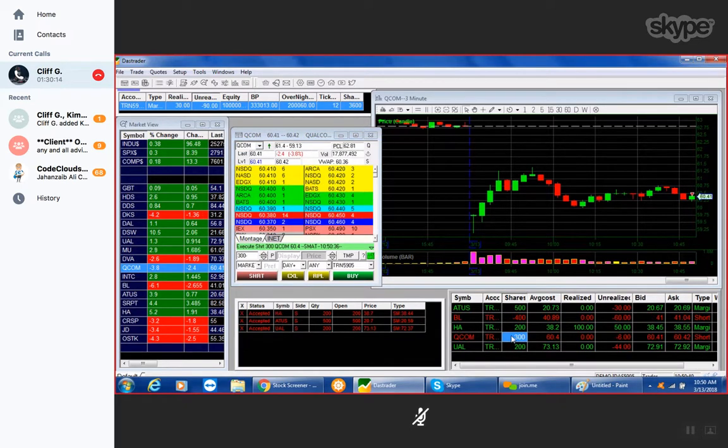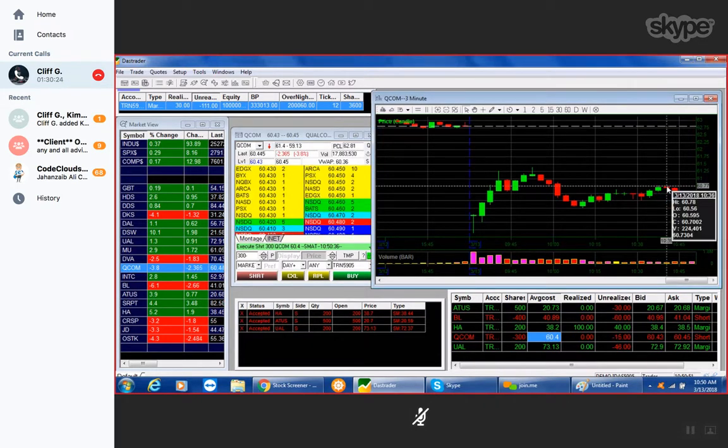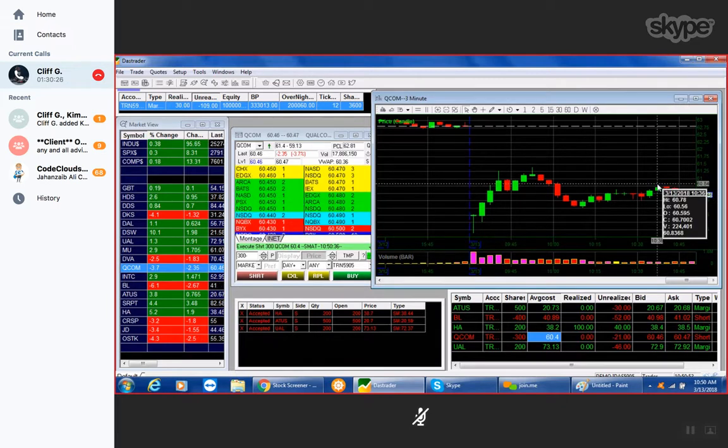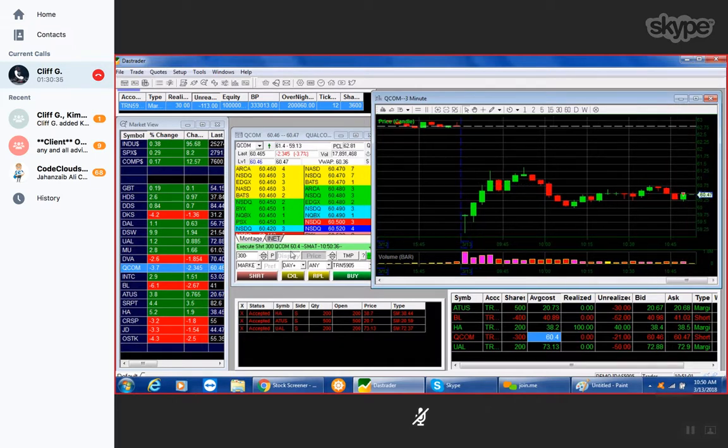So I just shorted 300 shares at 60.40. I'm going to put a stop above that 78, 72. So I'm going to go 78 plus 6 is 84. So I'm going to put a stop loss at 60.84 on this QCOM.